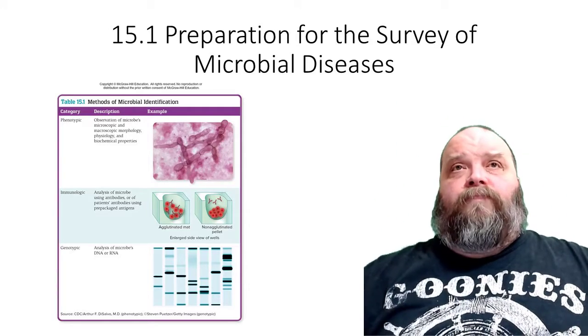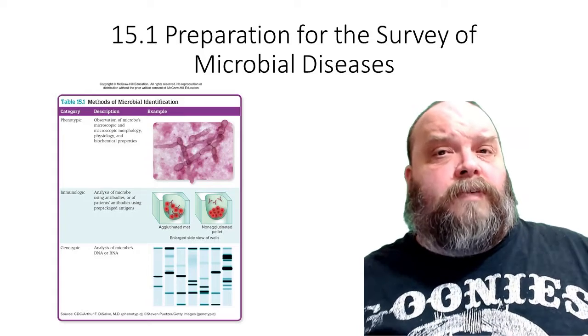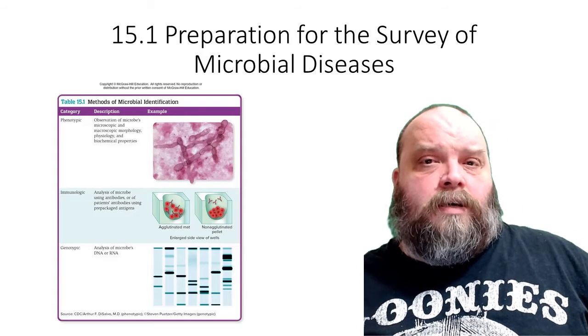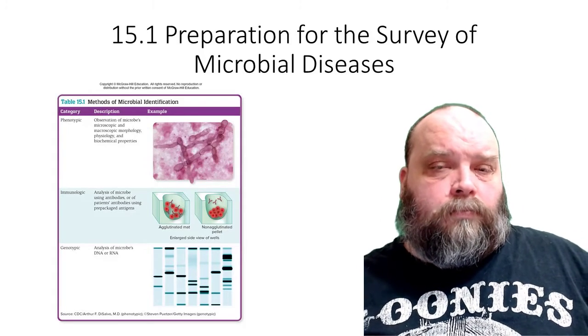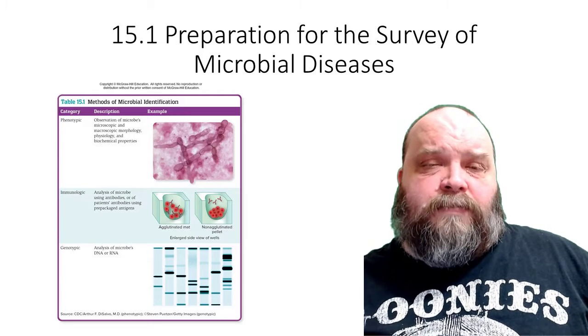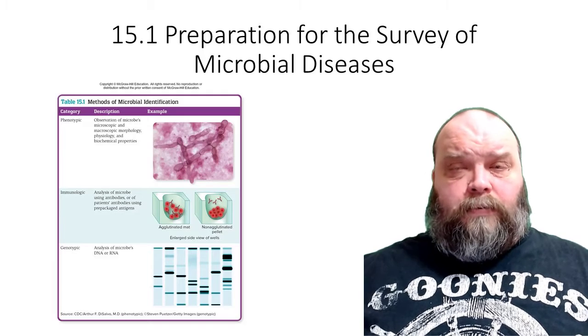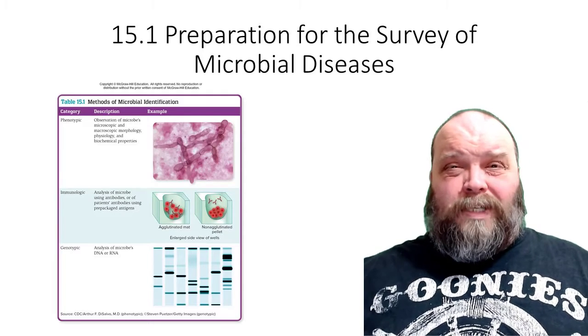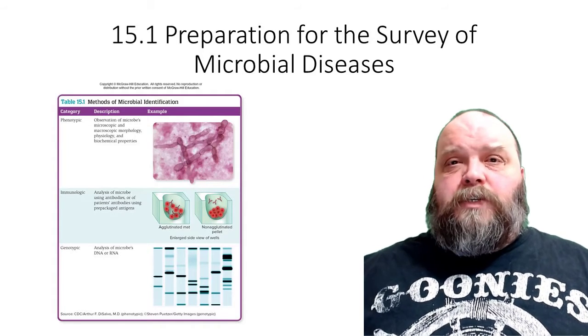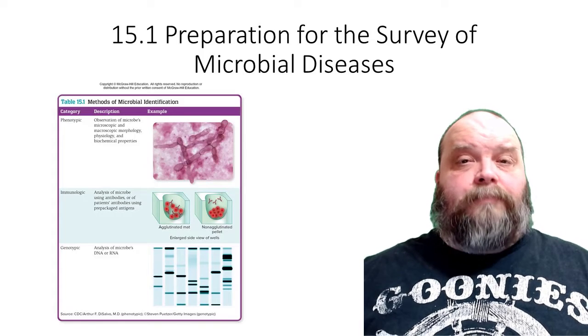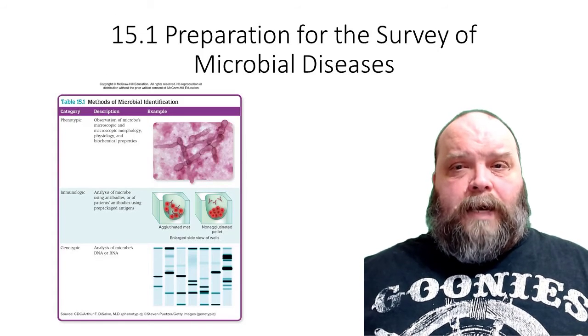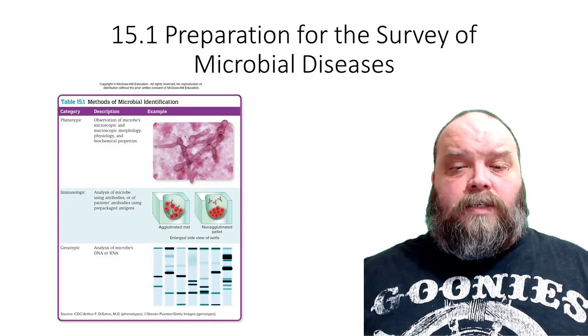Serotype, different versions of different species, subspecies specific. And within the past few decades, we've been getting more into the genotype. What's the DNA say? What are the specific sequences in the DNA? And that's what we're going to be talking about in this chapter.